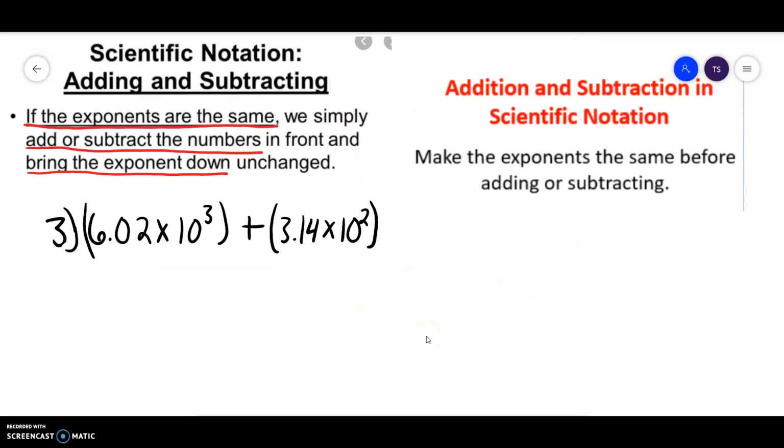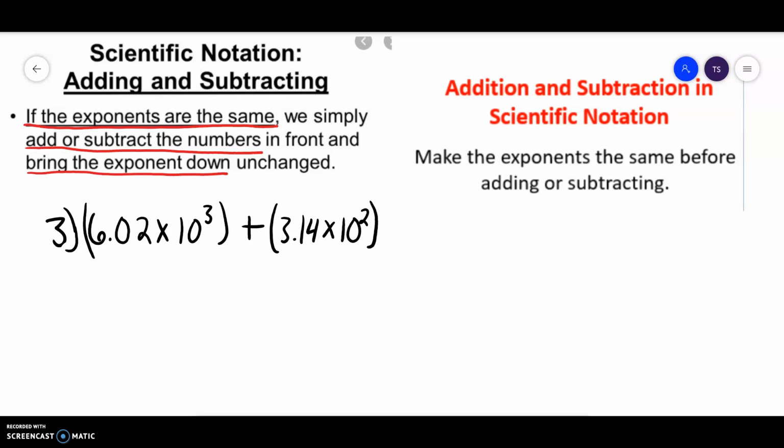Okay, guys, now, for our next example, we have 6.02 times 10 to the third power plus 3.14 times 10 to the second power. Okay? So, the big difference about this one is now our exponents are different. So we can't just bring them down unchanged.